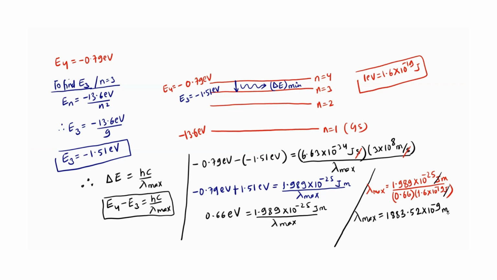Or we can convert this in angstrom also, and write lambda max equals 1883.52 times 10 power minus 10 meter. So this is 1883.52 angstrom. So we have this. Clear? We have this.